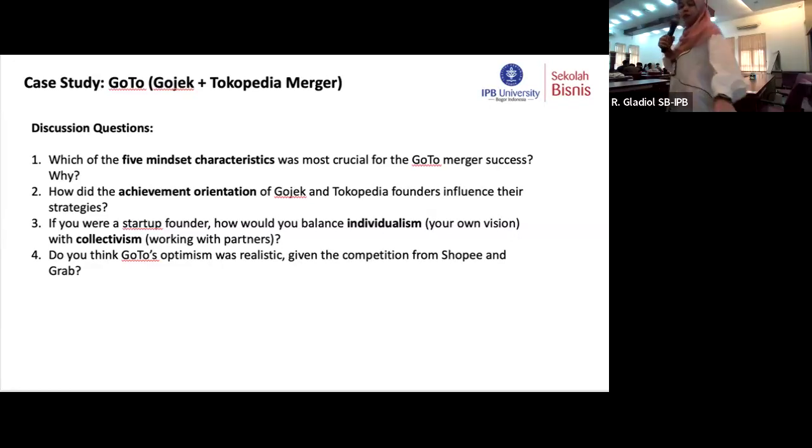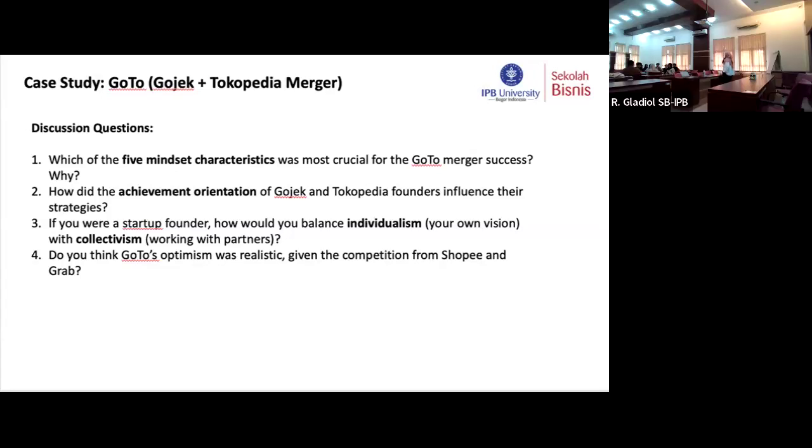How about now? Is it still the same? Still Shopee? How about now, guys? I think Shopee and Grab are just larger than GoTo.